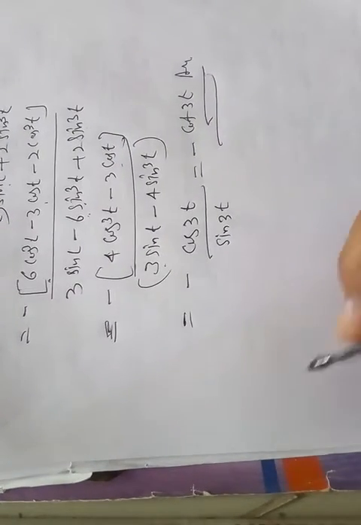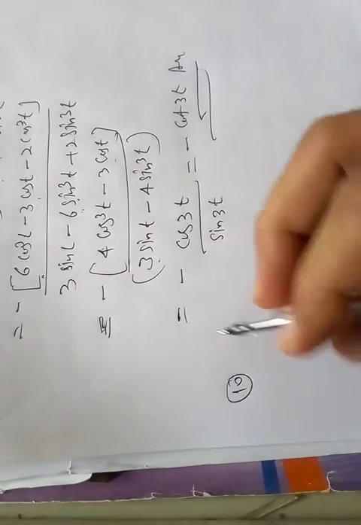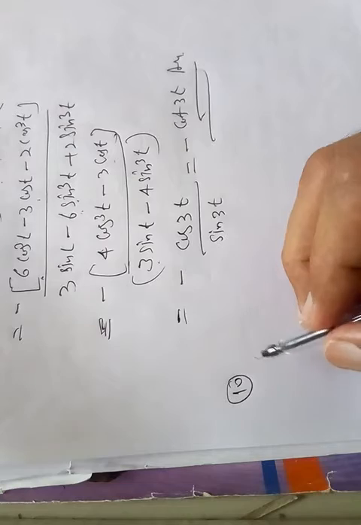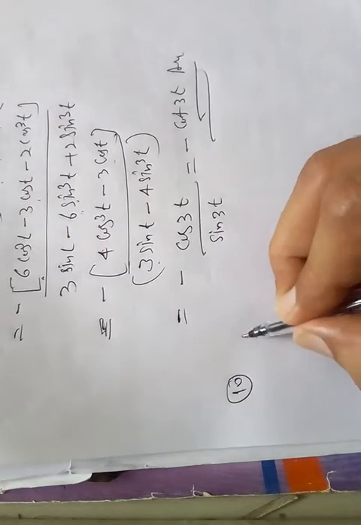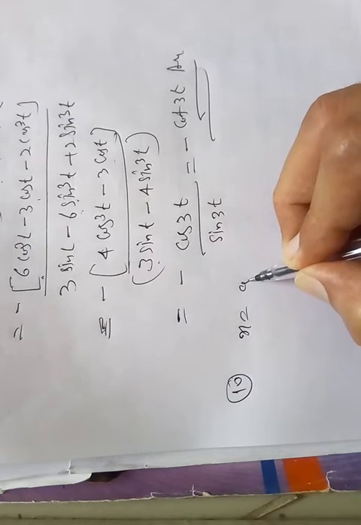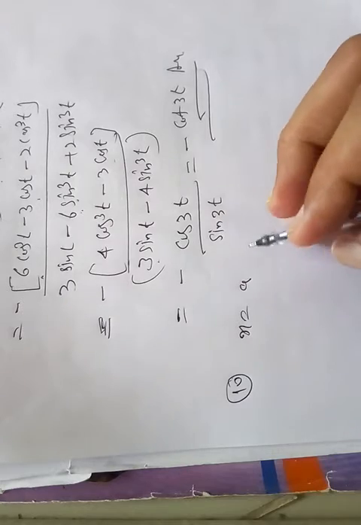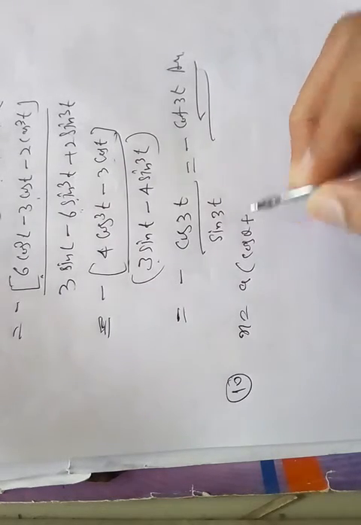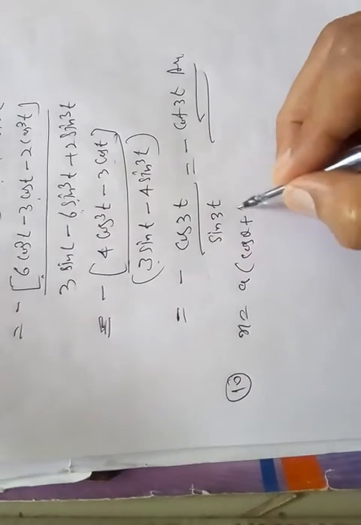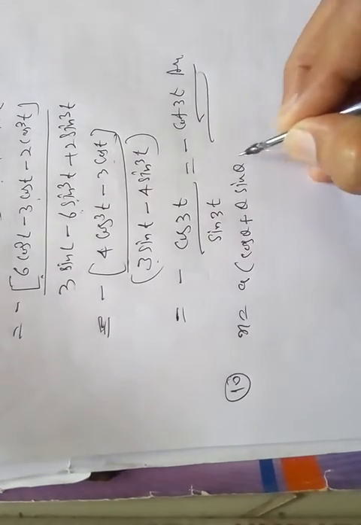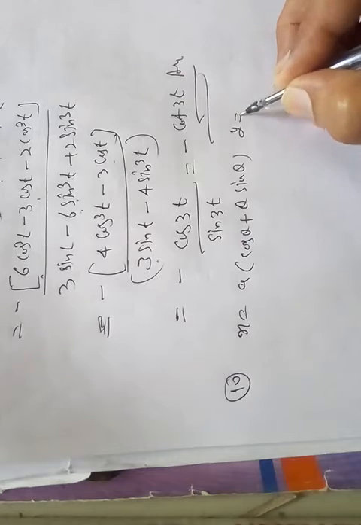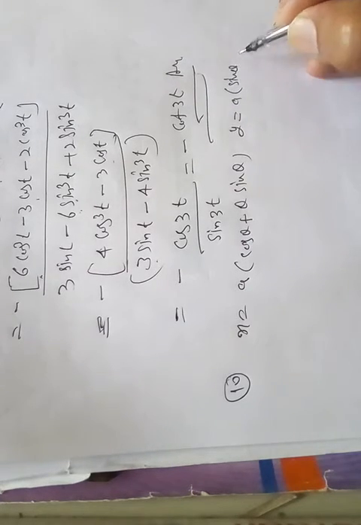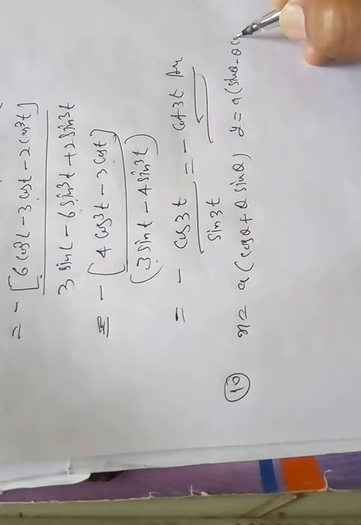Okay, now question number 10, and 8, 9 are same, very simple question, and 10 also very simple. x equal to a bracket cos theta plus theta sin theta, and y equal to a bracket sin theta minus theta cos theta.